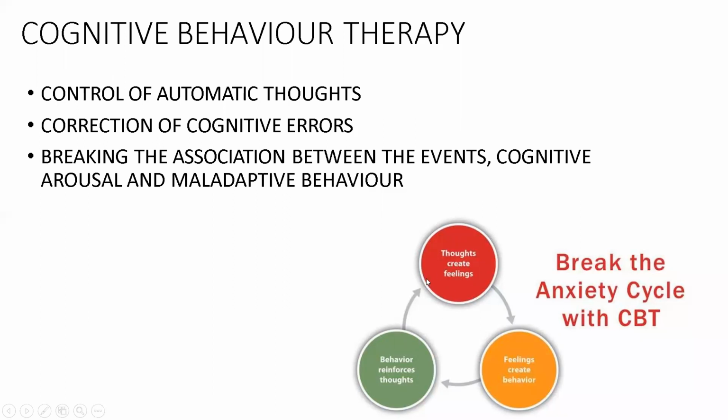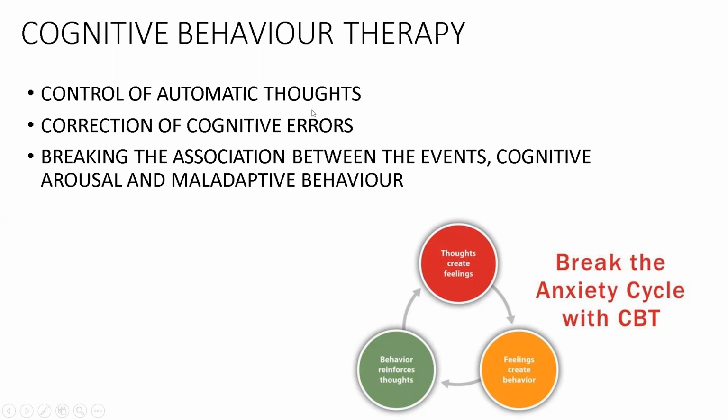What CBT does is break this cycle, so it doesn't allow it to finish. The thought process can be broken by not thinking about that, and the feeling can also be broken down, so as not to feel that event for a longer time.